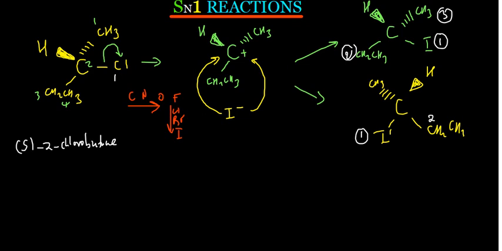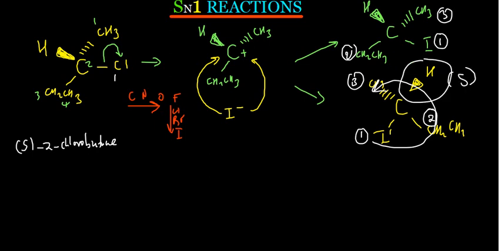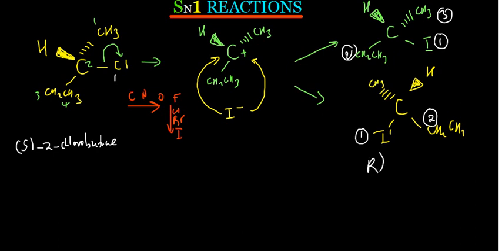If you don't show the configuration, it might not be marked correct. So this one is going like this, but because hydrogen is in the front instead of the back, this is going to be R. So this is going to be R-2-iodobutane. So I've got the R configuration and the S configuration. Those are the 2 products of this reaction.